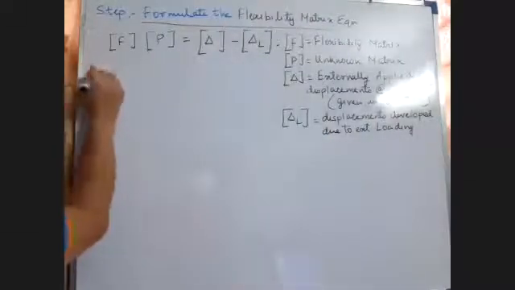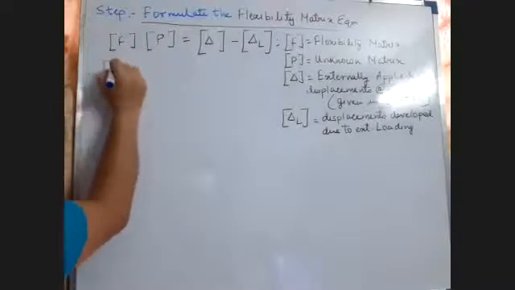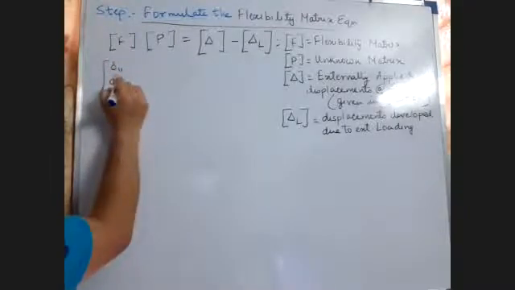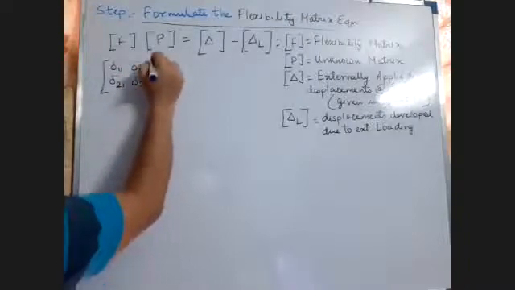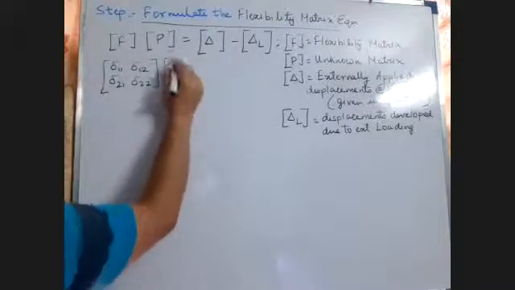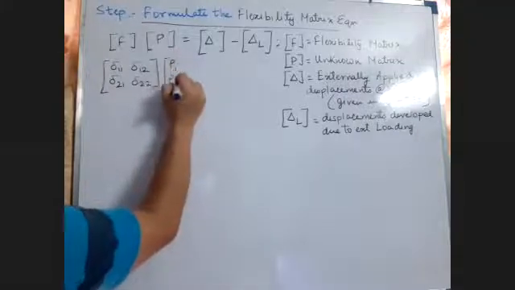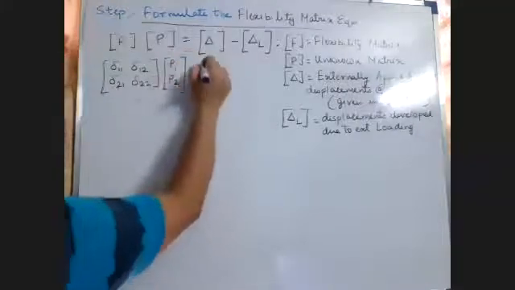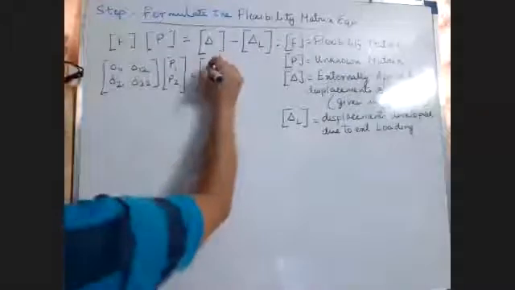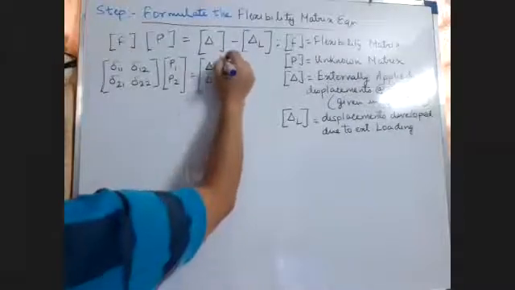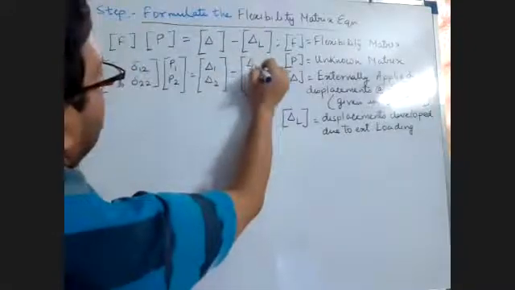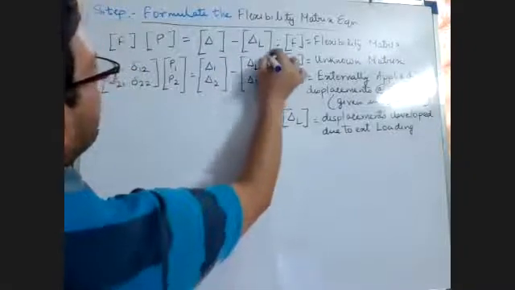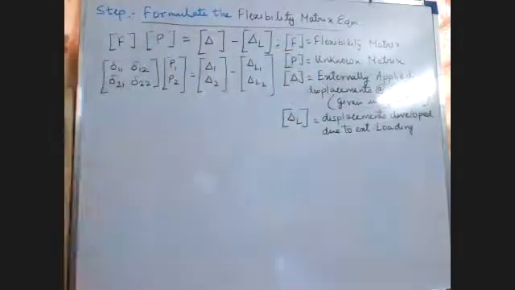So therefore, we will put the values delta 11, delta 21, delta 12, delta 22 into P1, P2. This is equal to delta 1, delta 2 minus delta L1, delta L2. So these are the respective matrix elements for the respective matrices.